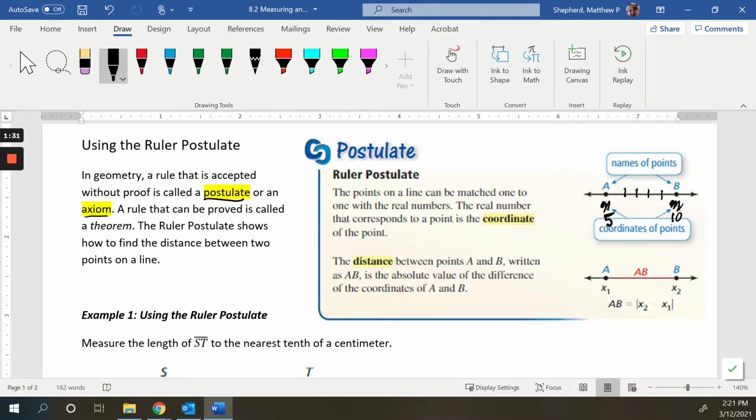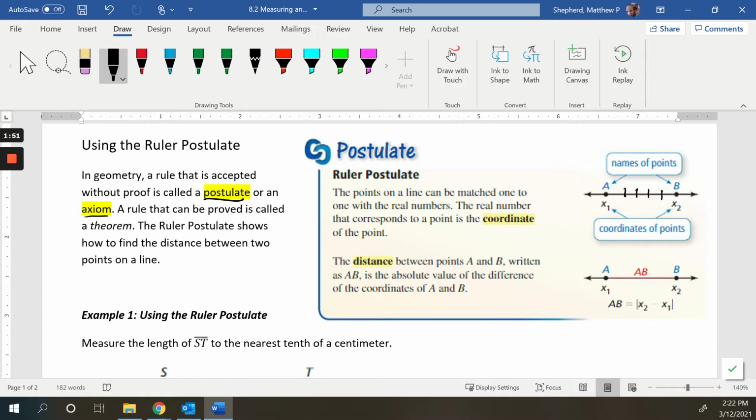Okay, so how do we know what the distance between A and B is? Well, we do something simple. We do 10 minus 5, and that tells us they are 5 apart. Okay, what I just used is the ruler postulate.